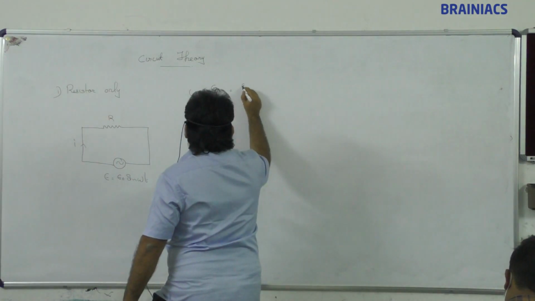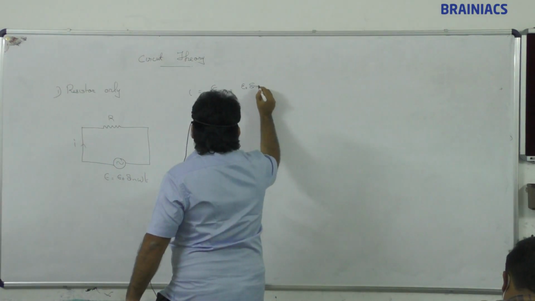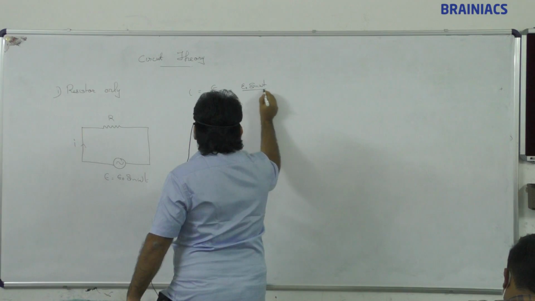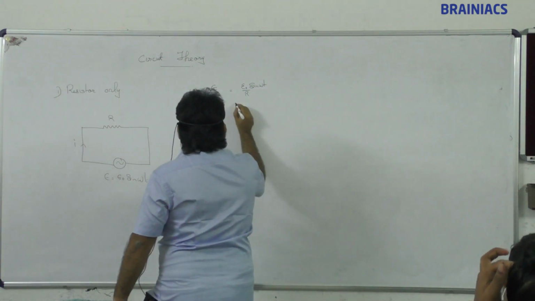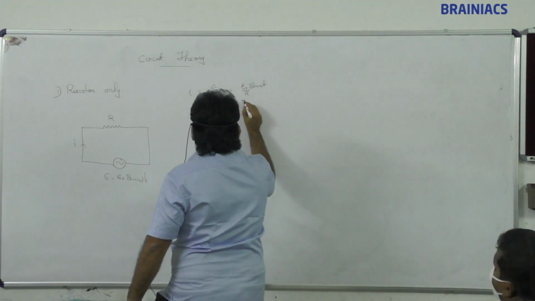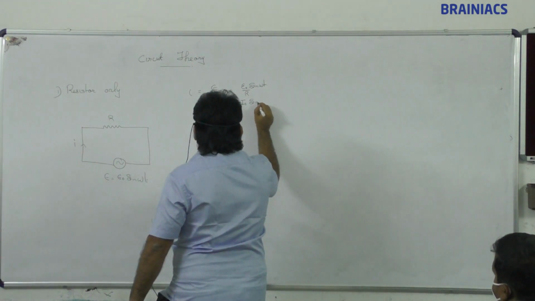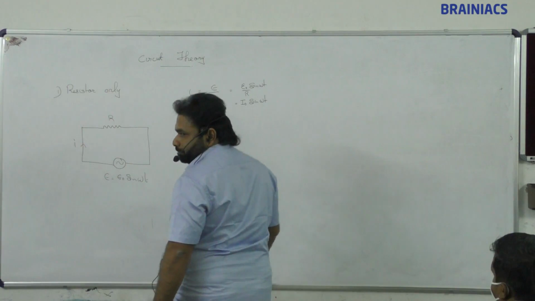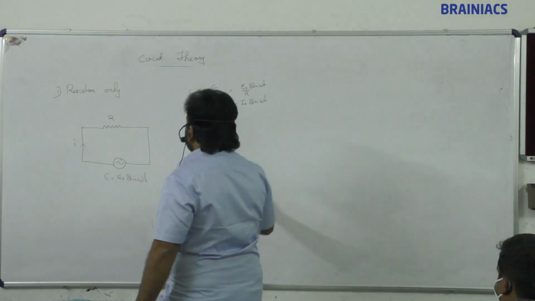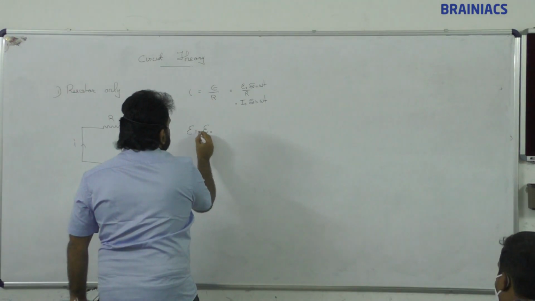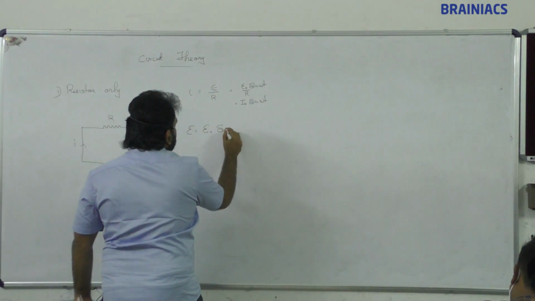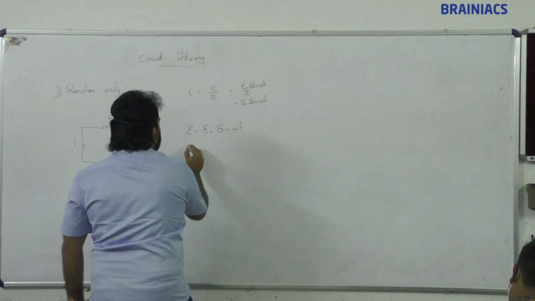This is going to be E naught sine omega t divided by R, so this is I naught sine omega t.